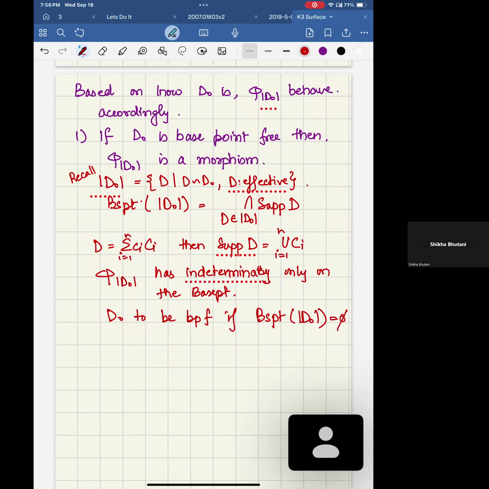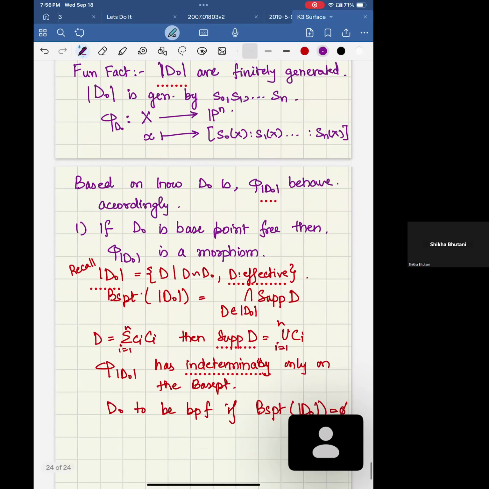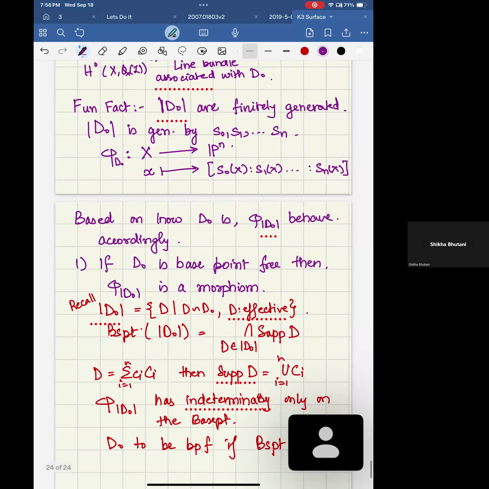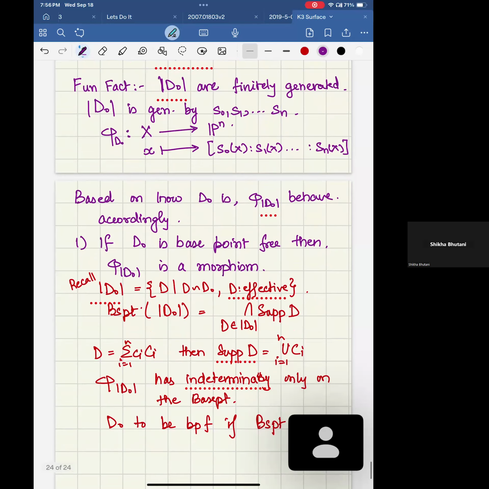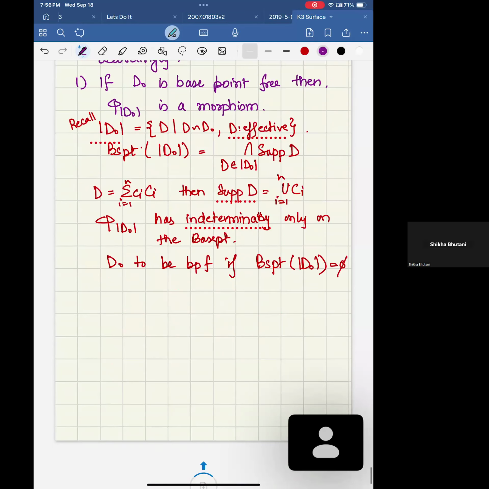If it is empty, in that case, your phi of D naught becomes a morphism. So this is one of the conditions where the behavior of D naught gives you some information about the behavior of the map corresponding to D naught. I'm sorry if I've been calling this phi of D naught a morphism since the very first place. It might not always be a morphism, it might be just a map. But if your D naught is base point free, in that case, phi of D naught becomes a morphism.